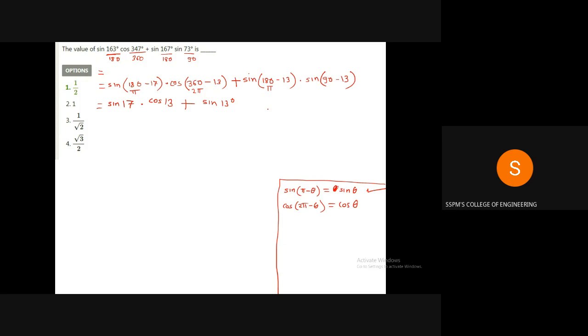And for sin 90 minus theta, we have already used this.